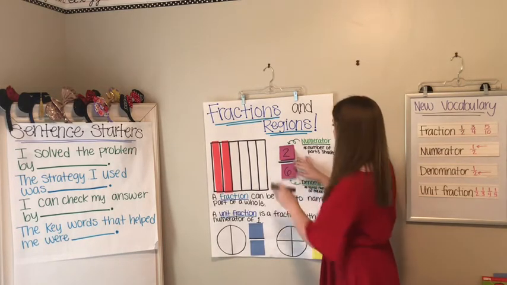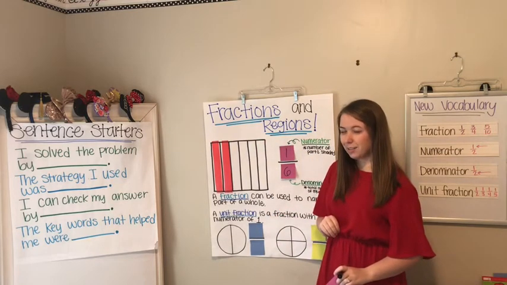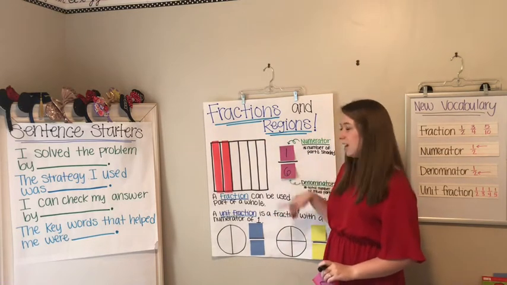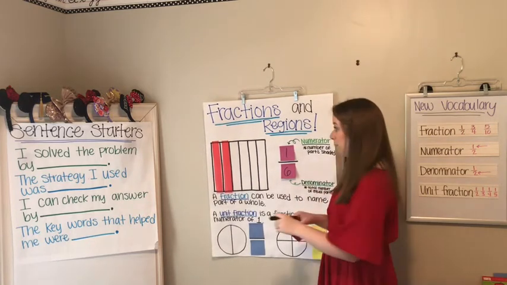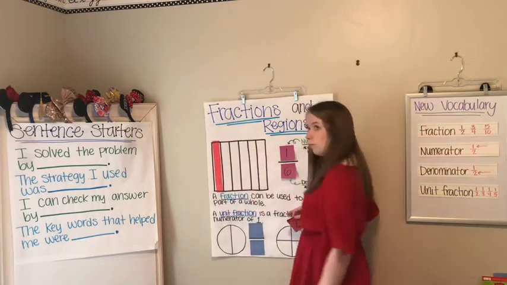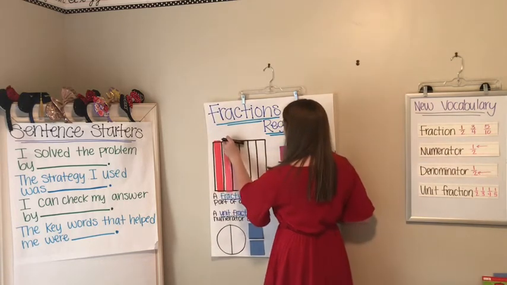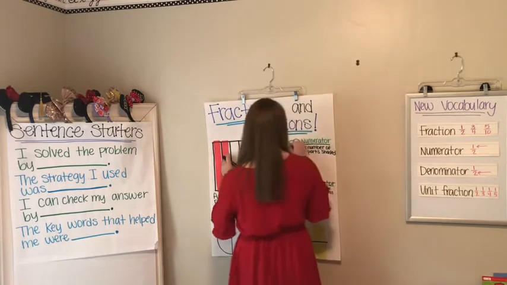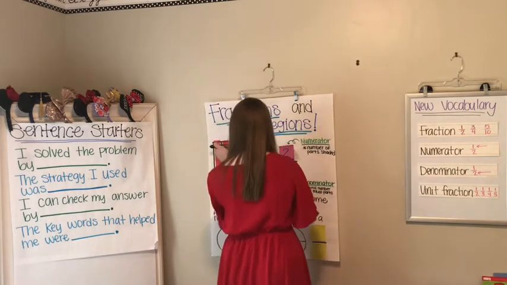Okay? What's this one again? Right, 1/6, and it's also a unit fraction because we're looking at one specific part. And that's the picture that shows it. All right, now I'm going to shade another part in, and we're going to come up with another fraction.